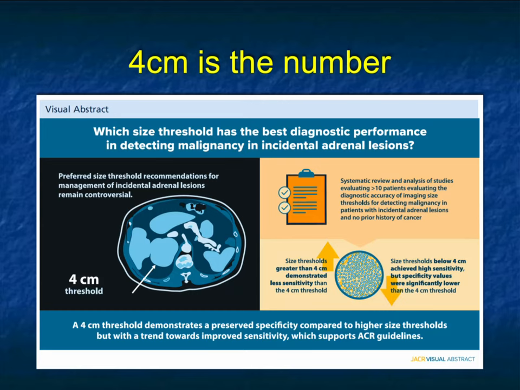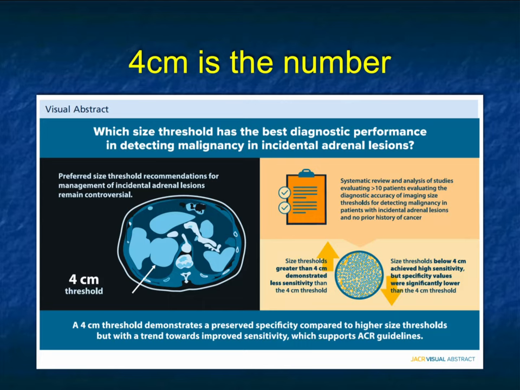Now, there was a recent article that made the point that 4 cm is a critical number. Here was the question: which size threshold has the best diagnostic performance in detecting malignancy in incidental adrenal lesions? And the article basically used 4 centimeters. It was a systematic review and analysis of studies evaluating greater than 10 patients, evaluating the accuracy of imaging size thresholds for detecting malignancy in patients with incidental adrenal lesions and no prior history of cancer.